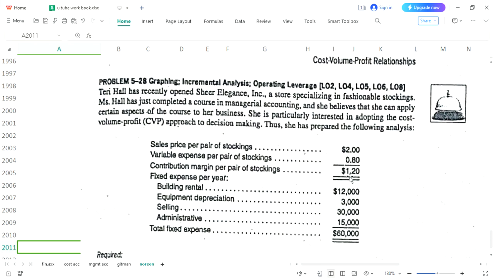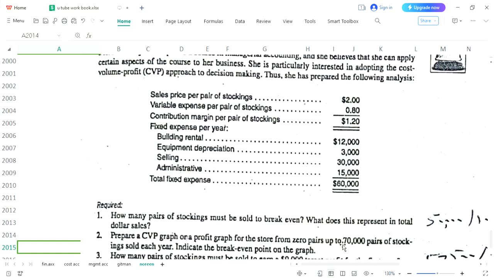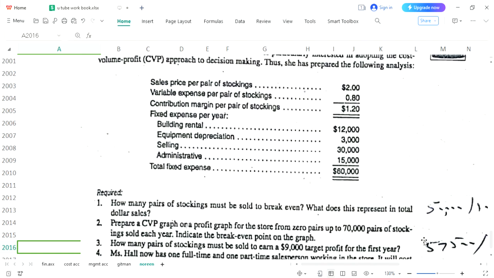And this statement is for fixed cost, so your total fixed cost is 60,000. That's enough for us to understand. How many pairs of stocking must be sold for break even? What does it represent in total sales? That means we are required to calculate break even in terms of units and break even in terms of dollars.